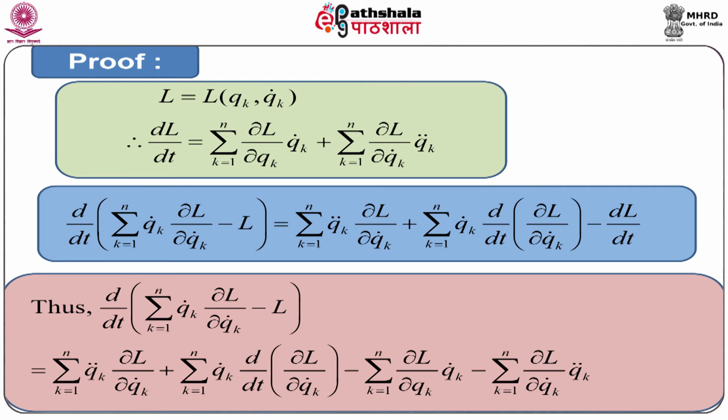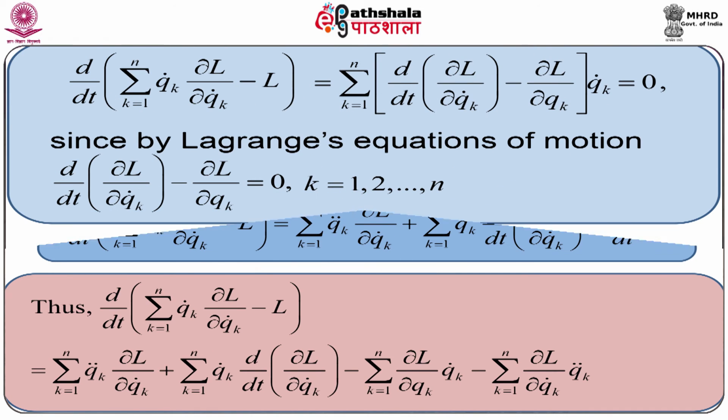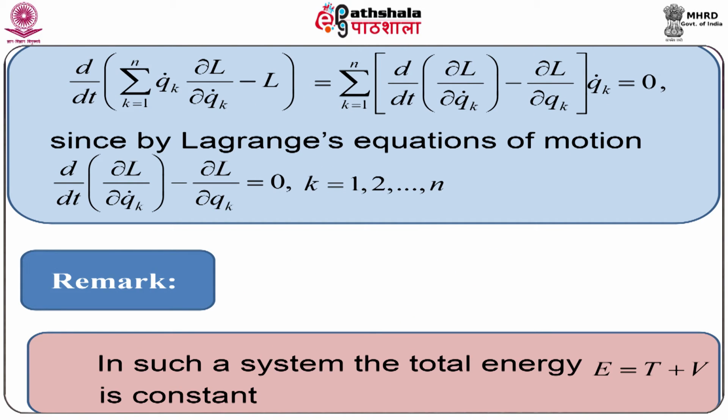First and last terms cancel each other, so we have only these two terms. Thus, we can write this. This is nothing but the Lagrangian equation of motion corresponding to the generalized coordinate qk. So, the right hand side vanishes. We get it using Lagrangian equations of motion.